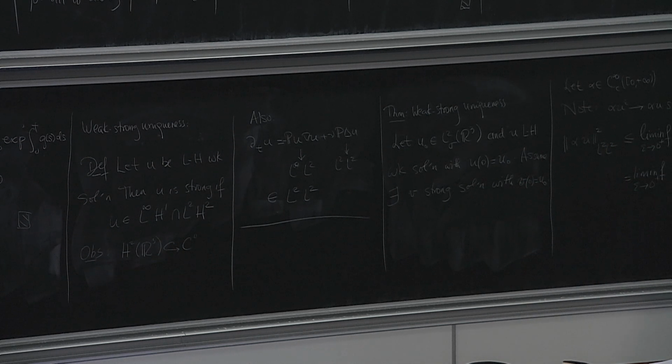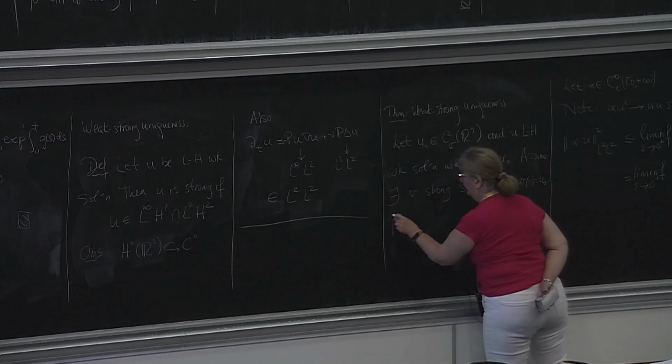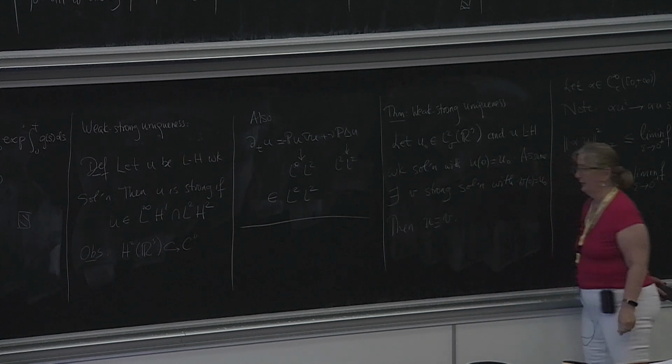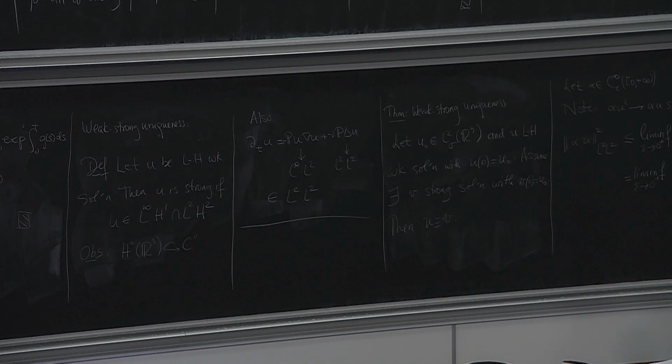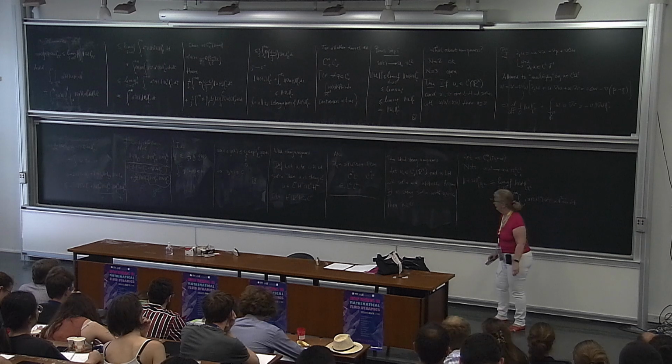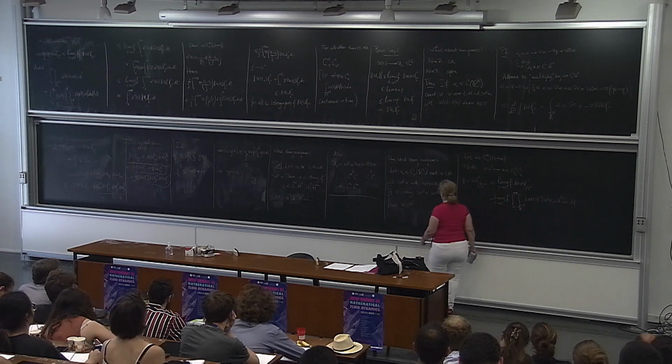Then u equals v. So if you have a strong solution up until time capital T, then the weak solution will coincide with the strong solution up until capital T, for as long as you have the strong solution.